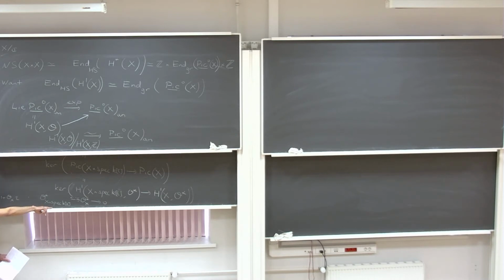Remember that epsilon squared is 0. And as a sheaf of groups it is isomorphic to OX, because epsilon squared is 0. So we see that the kernel is precisely the first homology of this, because it's a split exact sequence. So this group is the direct sum of these two.